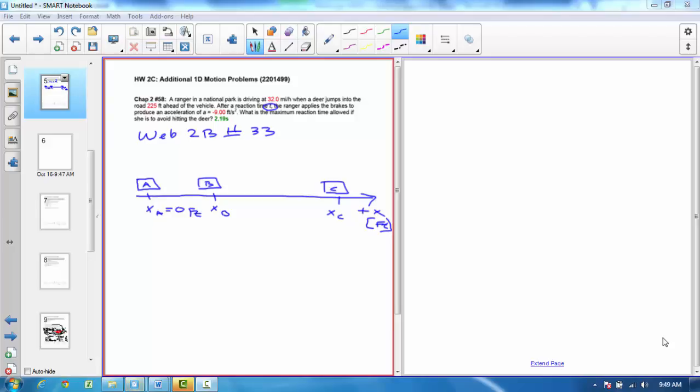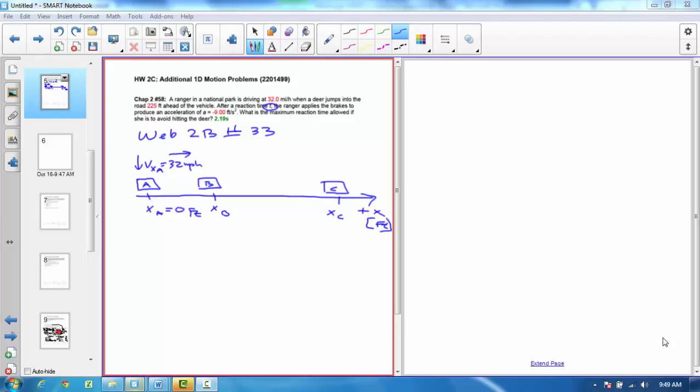At this point, the ranger just spots the deer, and at that point in time, the ranger's moving at, we'll call it vxA equals 32 miles per hour.